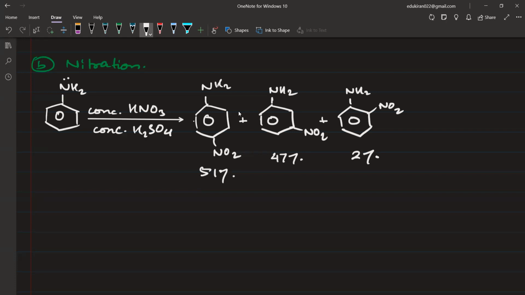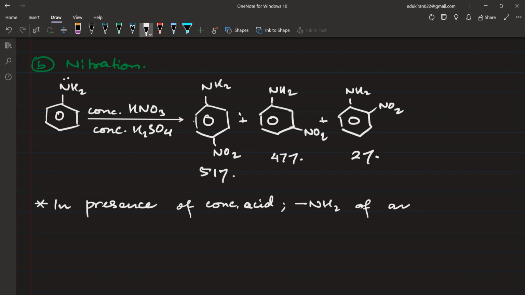So please write, in presence of concentrated acid, NH2 of aniline gets protonated. Protonated to NH3 with nitrogen having a positive charge.